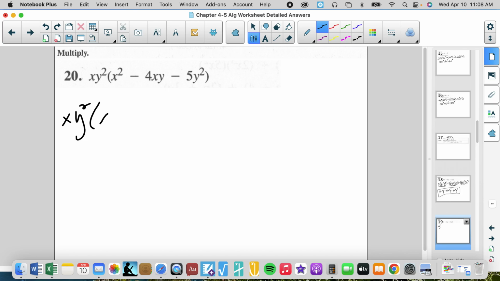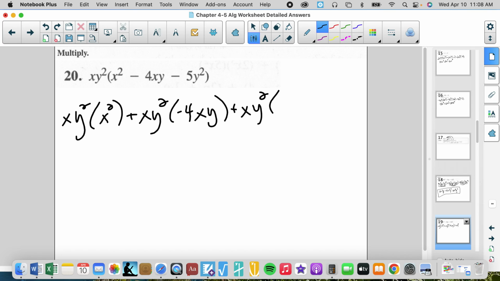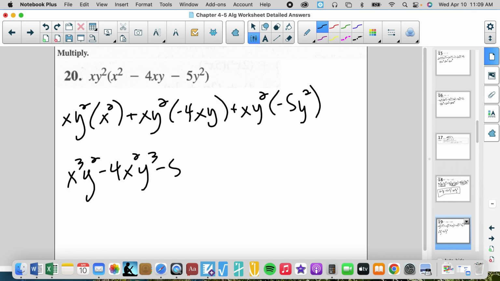xy squared times x squared plus xy squared times negative 4xy plus xy squared times negative 5y squared. That gives x to the third y squared, negative 4x squared y to the third, minus 5xy to the fourth.